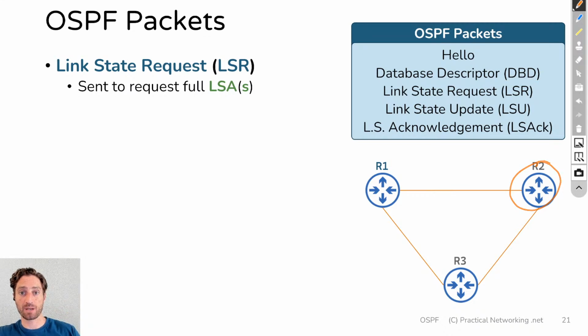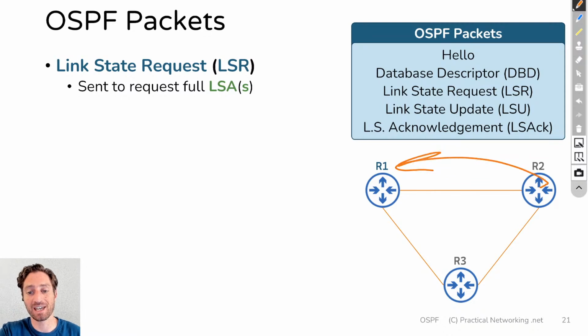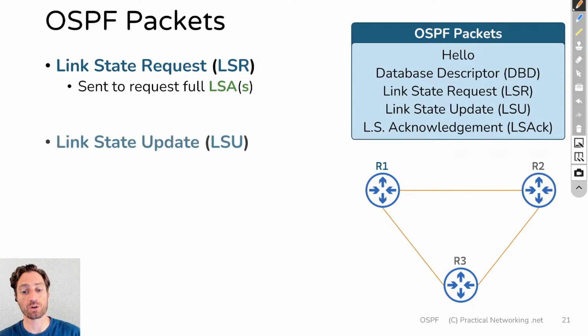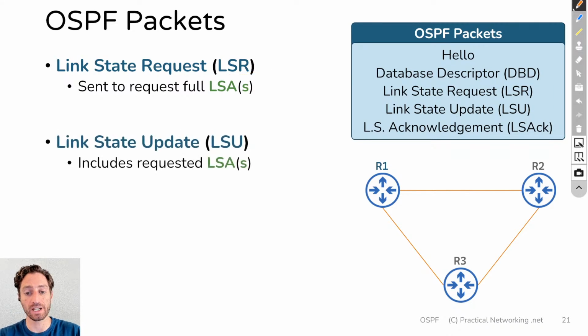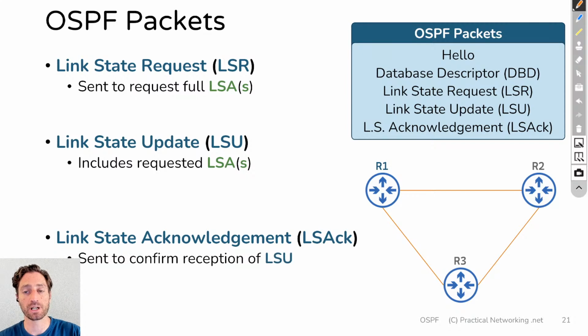R2 will take a look at the database and say, okay, I need entries A, B, and C, and router 2 will send an LSR saying, hey, I need these specific entries. Router 1 will then send the full LSA with those specific entries in a link state update packet. And then router 2 will confirm receiving those link states in a link state acknowledgement packet, or LSAC.